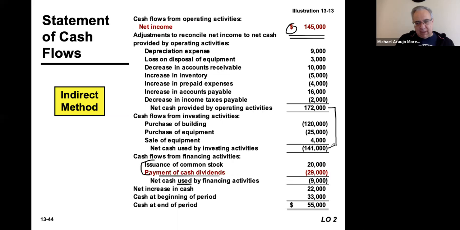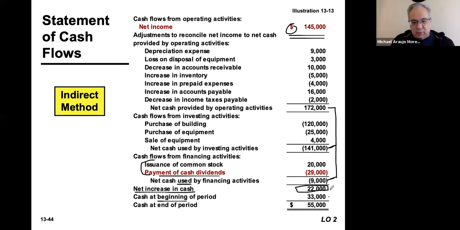$172,000 compared with the 141 out and 9 out gives you a difference of $22,000. That's exactly what we saw early on. The change in the balance sheet from 2016 to 2017 for cash was a $22,000 change. Now we can understand exactly where that came from. The beginning of the cash period, which was the 2016 balance, was 33.